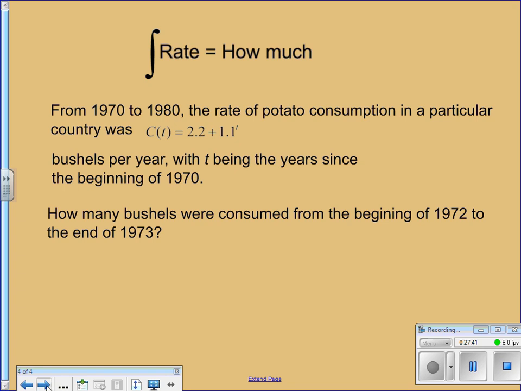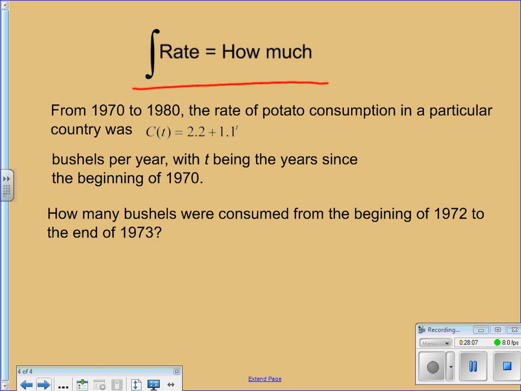Now, here's the last part. This is a very important statement right off the bat. The integral of the rate is how much? The integral of the rate, how fast something is changing, gives you how much we have used.